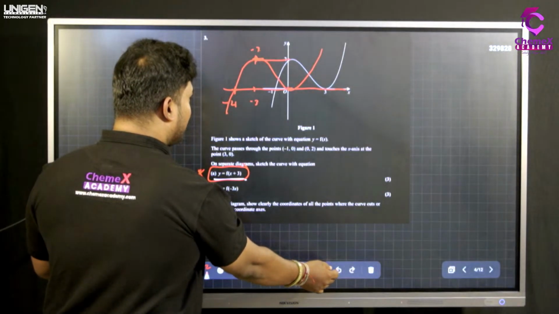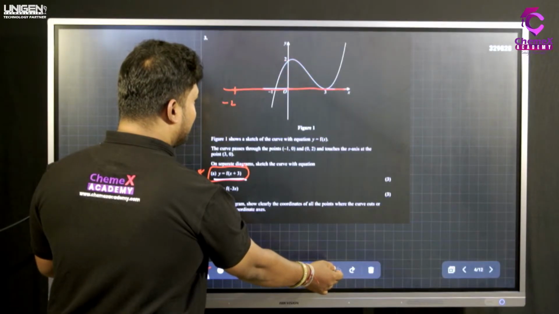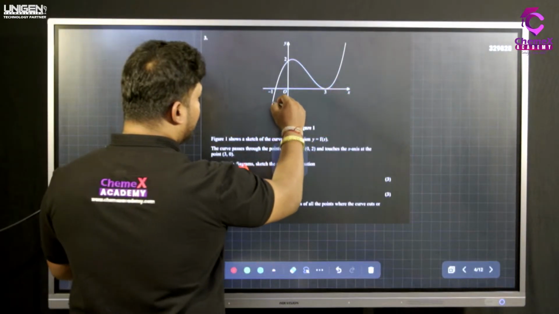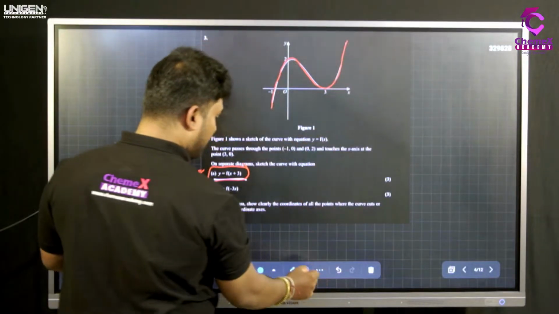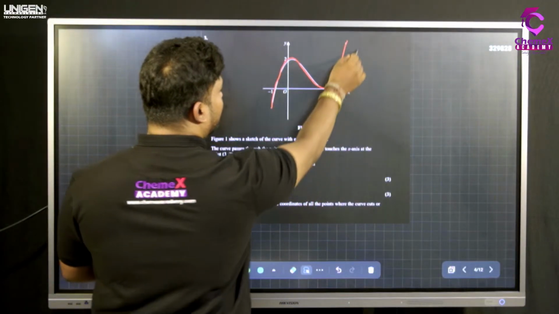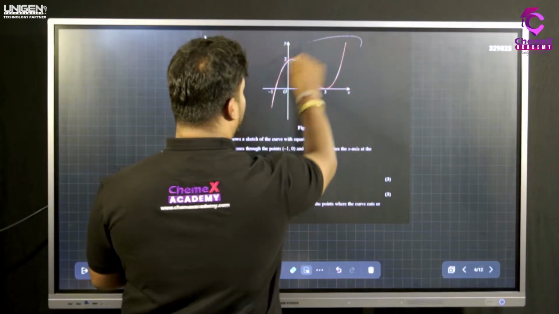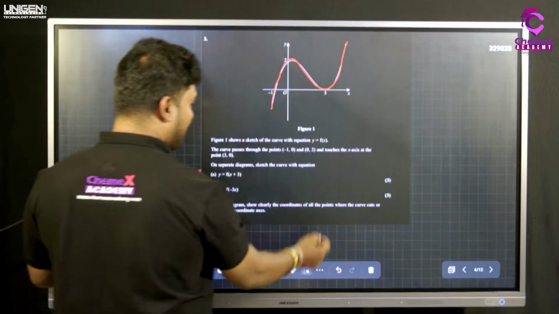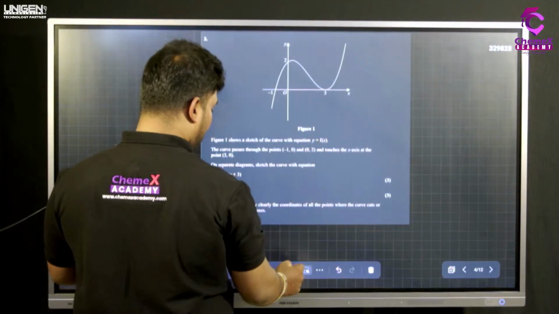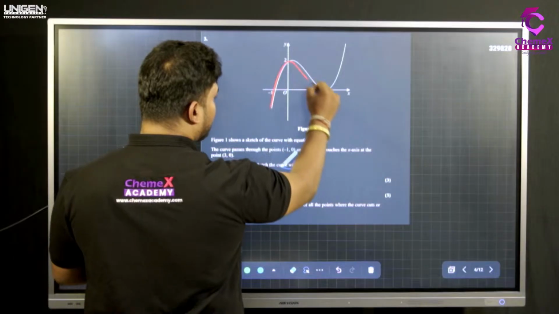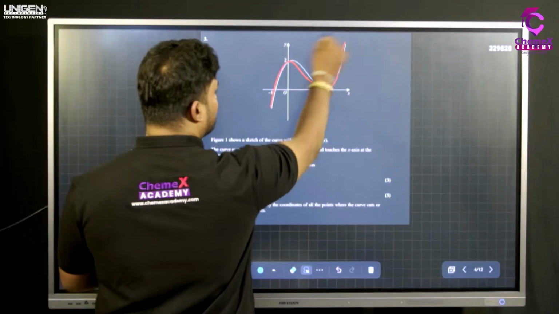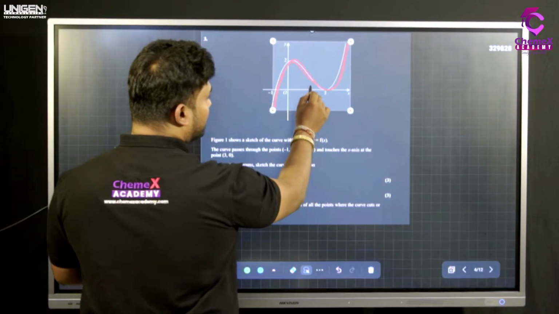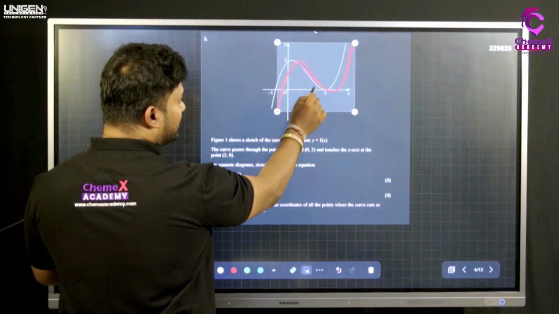Okay, sir. No doubts? So if I explain in the easiest possible way, if I draw a line on top of this exact thing and translate it 3 steps, by plus 3 it will go 3 steps to this side.